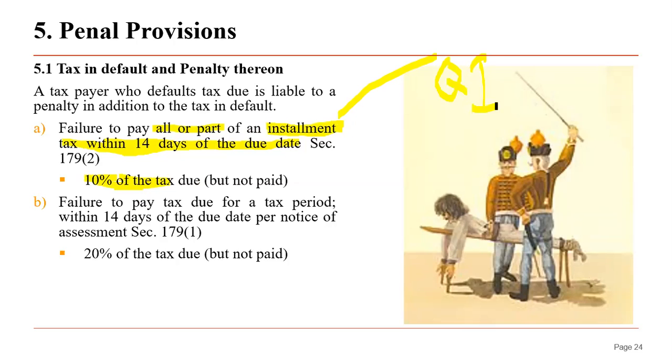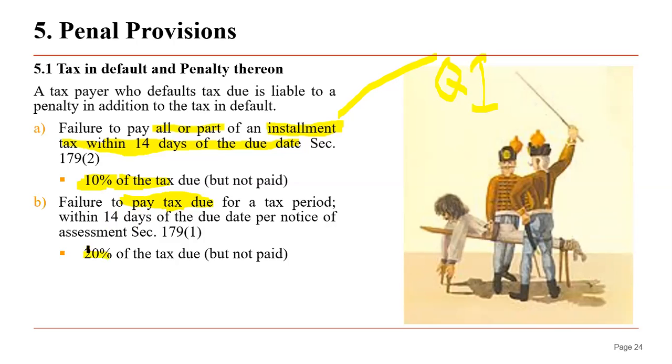In the case of quarterly installment, the penalty is 10%. For other taxes, pay the taxes due for the tax period, maybe withholding tax or any other taxes related to income tax law, not the installment payment, within 14 days as per the notice of assessment.